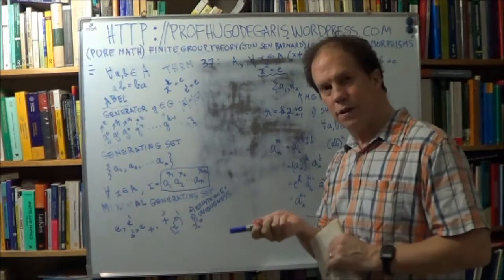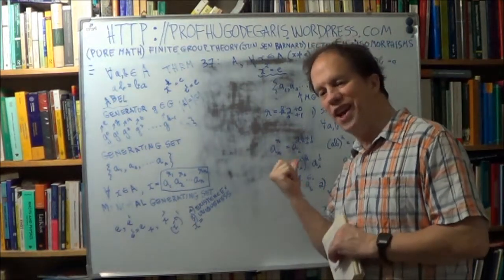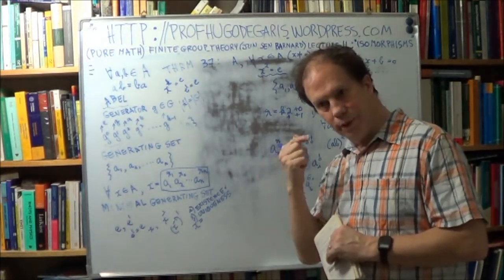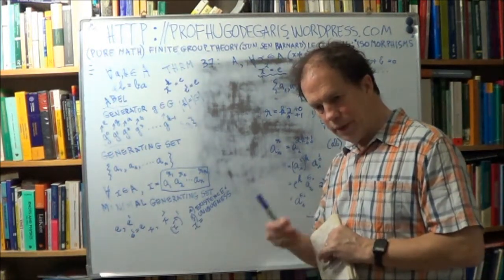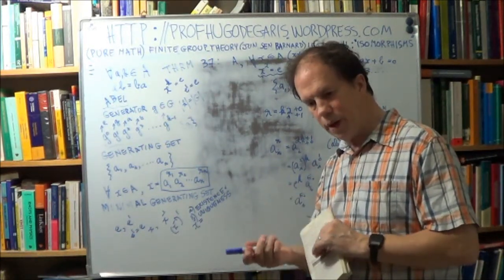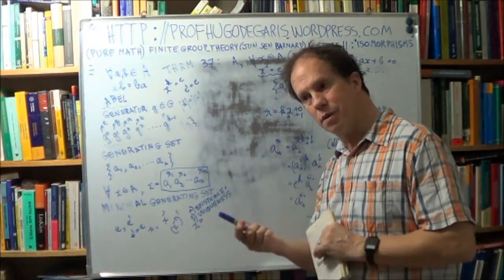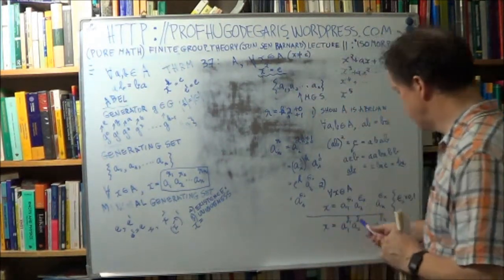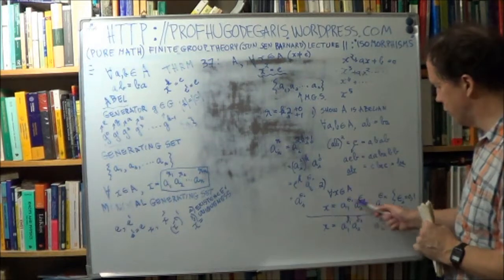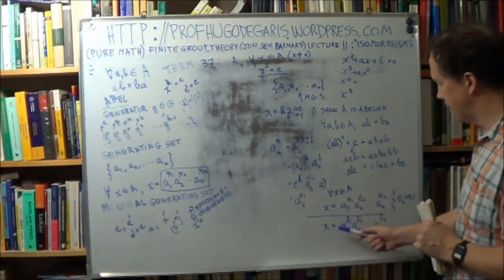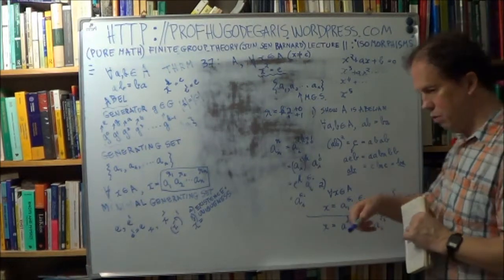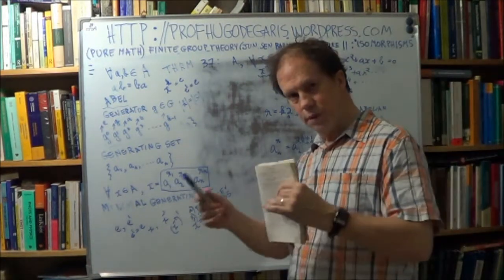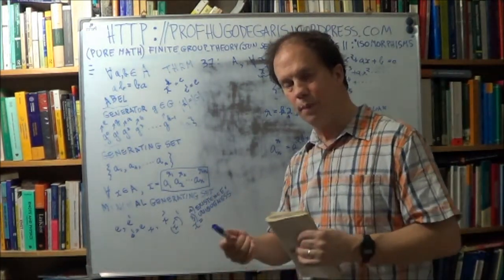And you can probably sense this is the beginning of an argument, reasoning by contradiction. So we'll assume that there are two forms, that it's not unique, and then we will deduce a contradiction.